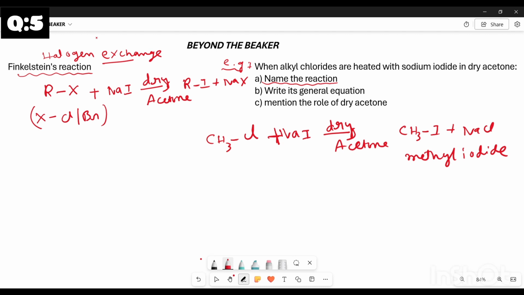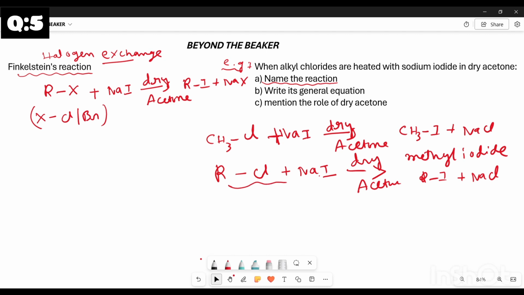The general equation is like this: RCl plus NaI in the presence of dry acetone gives RI plus NaCl.